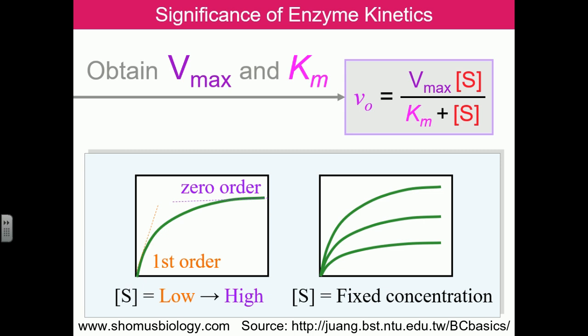If the substrate is varying, then we can tell this is mostly depending upon the substrate and how the enzyme is going to behave. But if the substrate concentration is fixed, then increasing and decreasing the enzyme content can tell us about the ability and effectivity of that enzyme.